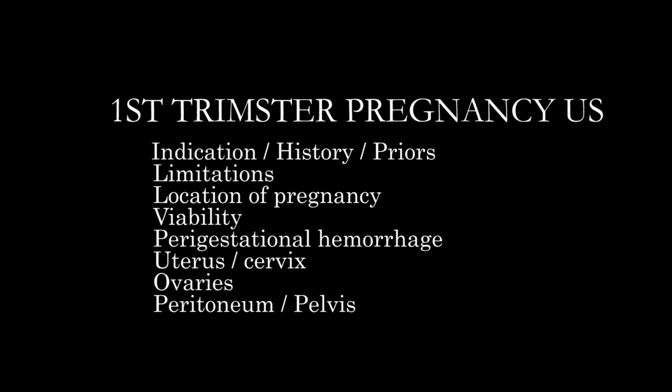And then we go through the anatomy, looking for where the pregnancy is, number, viability. We're looking for perigestational hemorrhage. We're looking for the uterus and cervix, especially whether the cervix is open or closed. We're looking at the ovaries, especially for signs of torsion, especially in the setting of pain. We're looking for the corpus luteum, and then we're looking at the incidentally imaged additional peritoneal and pelvic structures.